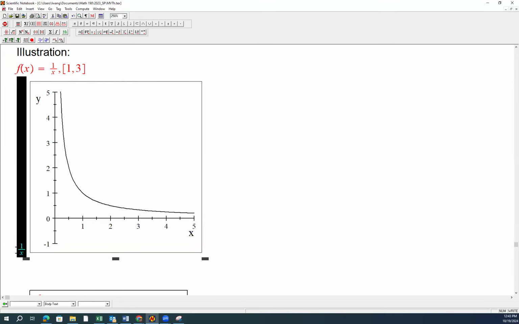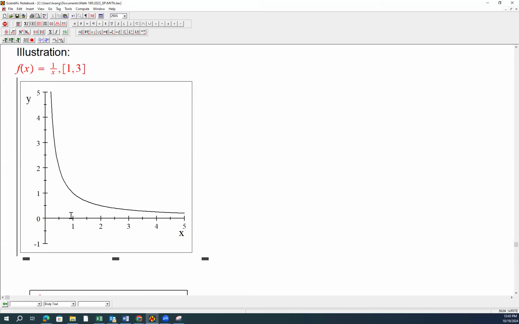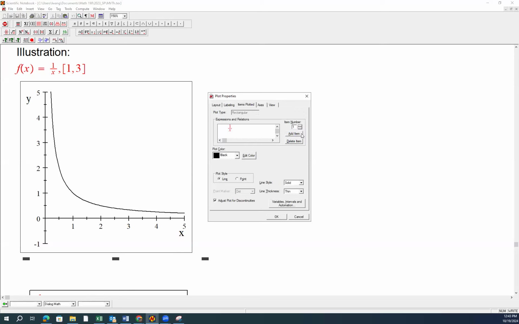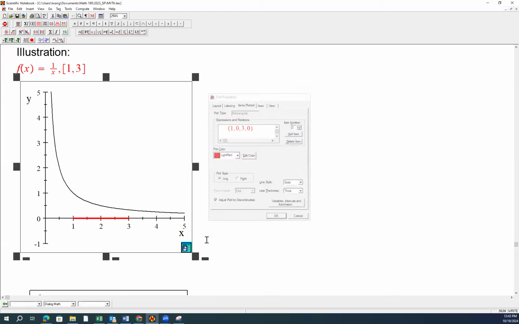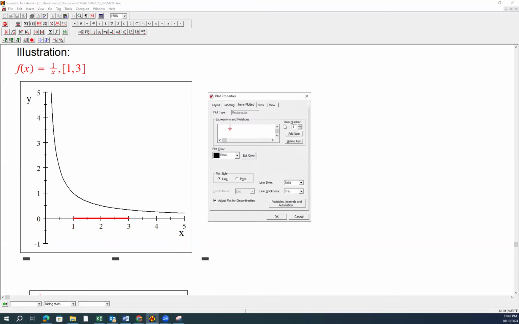Does this look better? So this is the function between 1 and 3, closed interval. Okay, this is the interval of our consideration, and it's a closed interval for continuity.